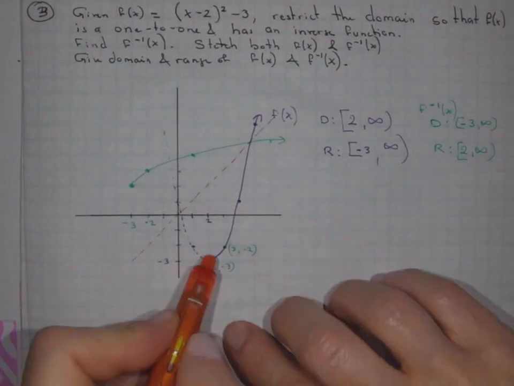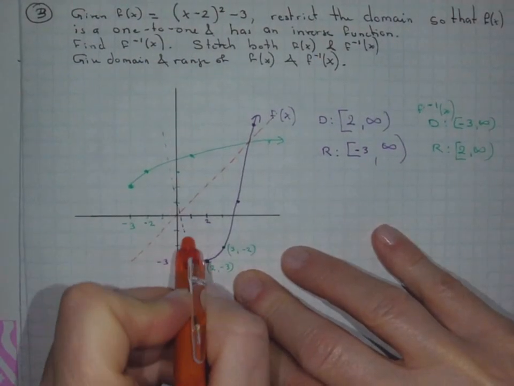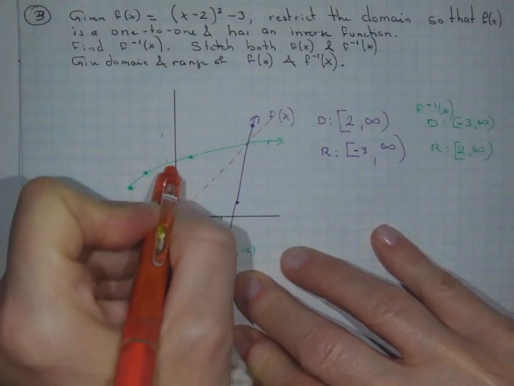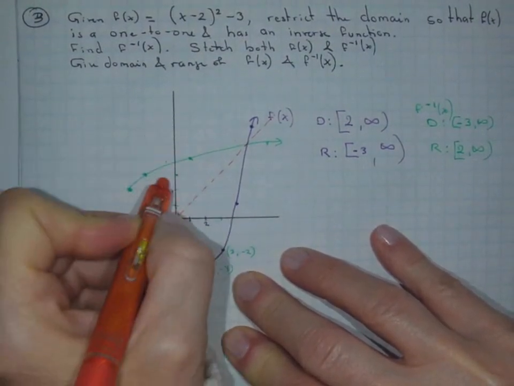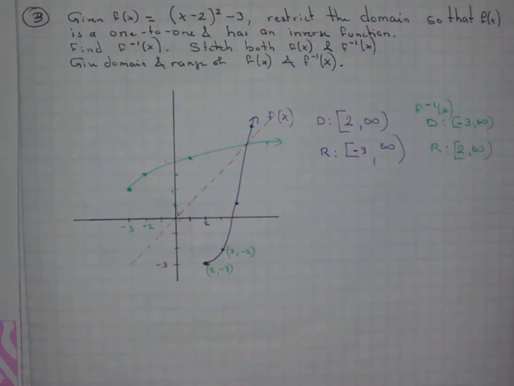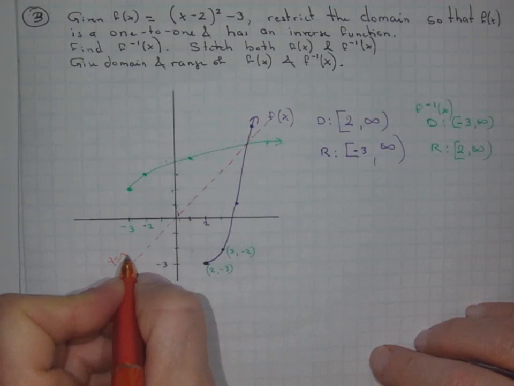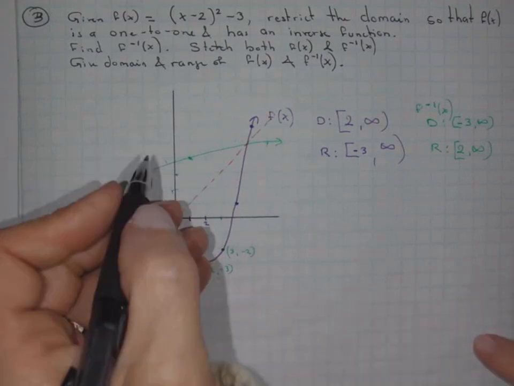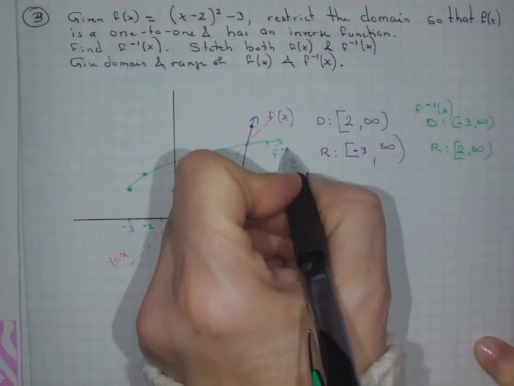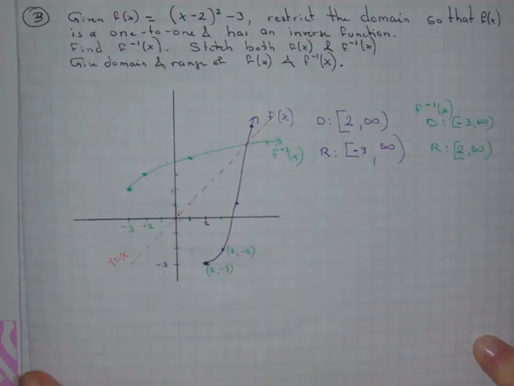And if I erase that one, which we didn't want because we restricted, then you can see how those two are symmetric over the line y equals x, right? That's the line y equals x. And the green one here is my f inverse of x. Alright, so we have it graphed.